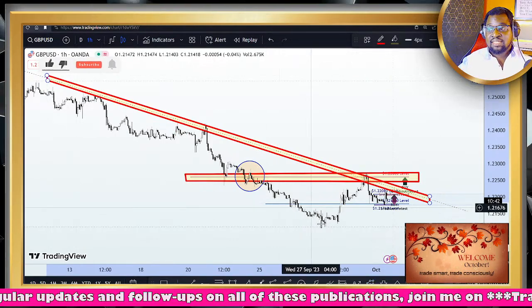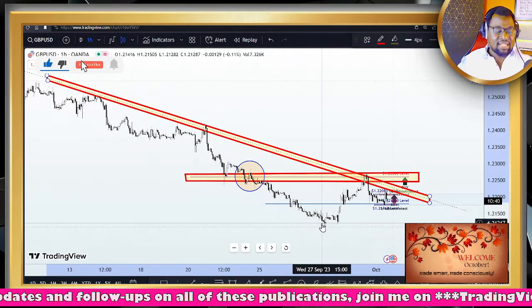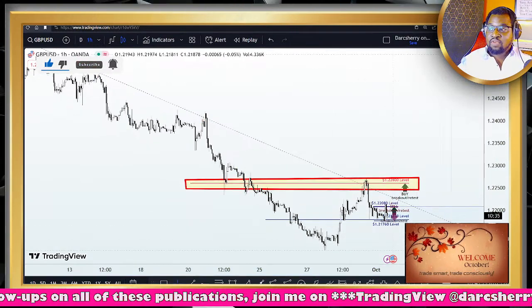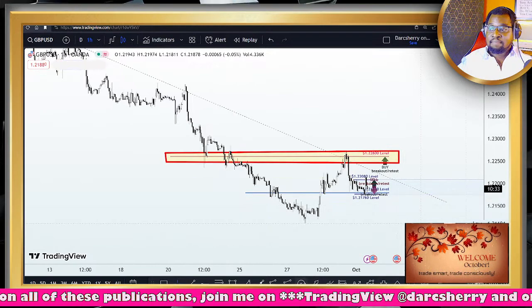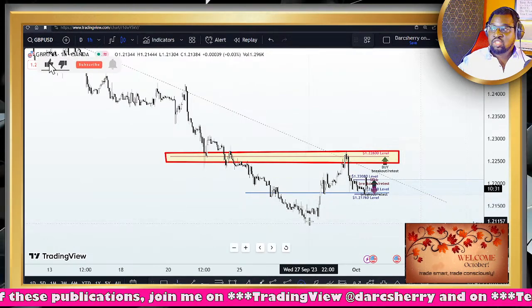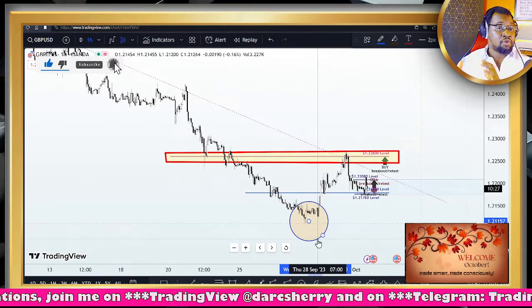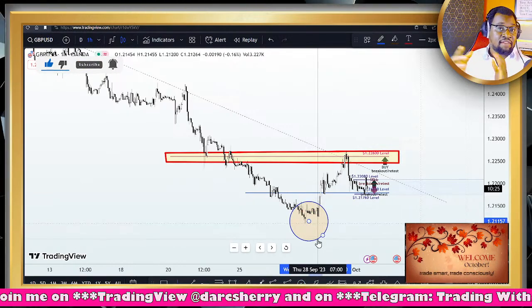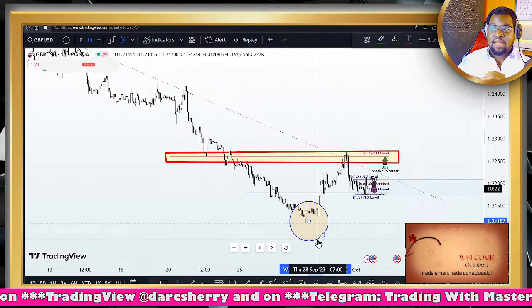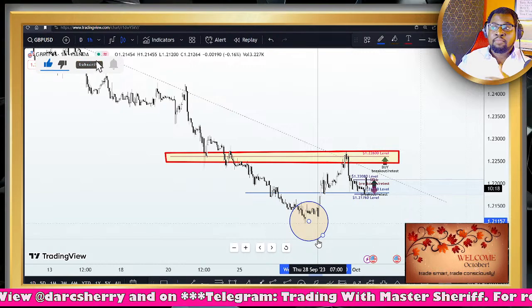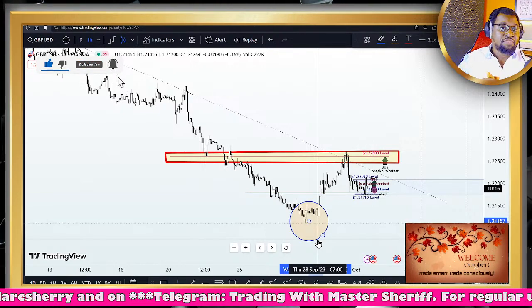However, something interesting happened during the second half of last week. As you will see here, we saw the lowest point that price action has been in the last couple of months, which is situated around the 1.2100 area. And of course, I did identify this in my video on the GBPUSD. And we saw here that following this low, price is yet to break down that previous low.